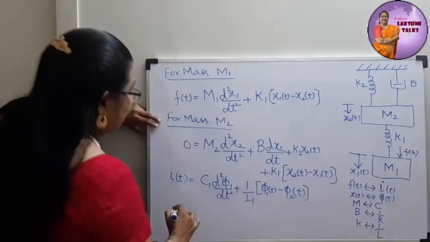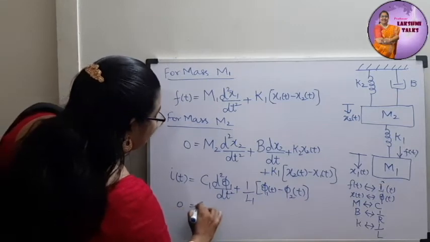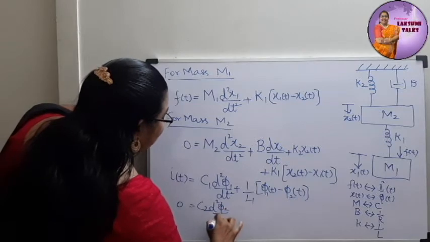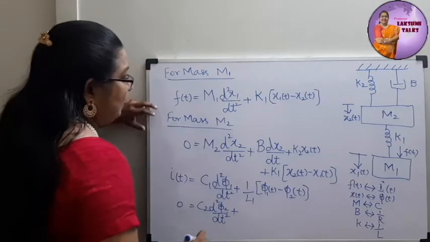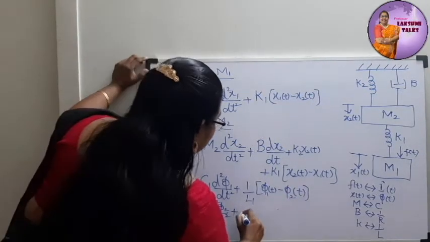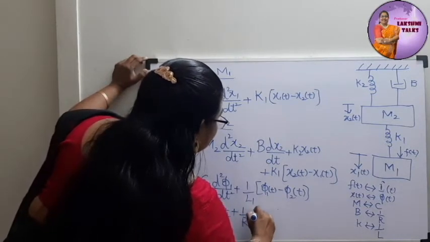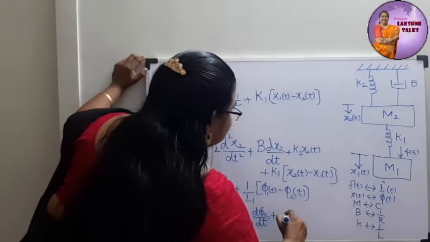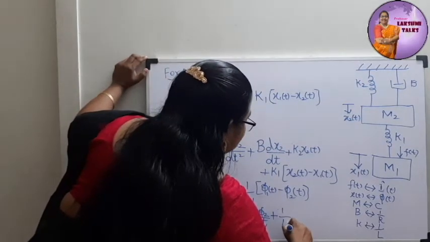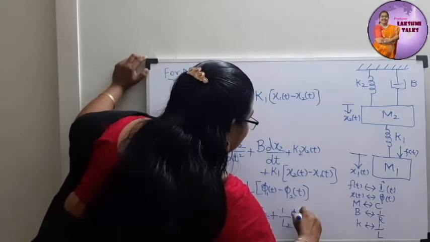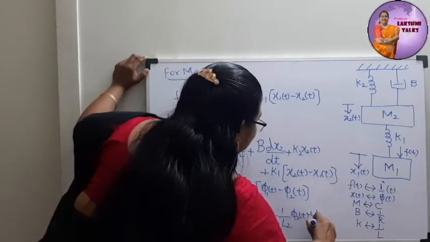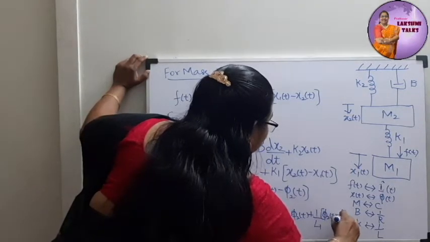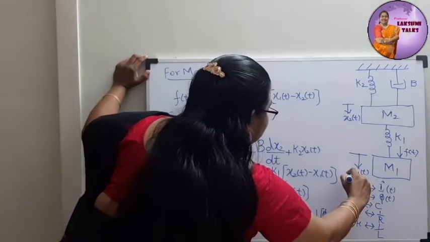The second equation will become C2 d square phi 2 by dt square plus 1 by R d phi 2 by dt plus 1 by L2 phi 2 of t plus 1 by L1 into phi 2 of t minus phi 1 of t.